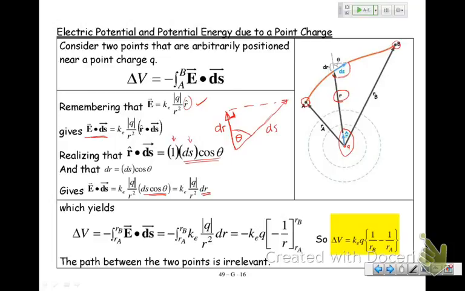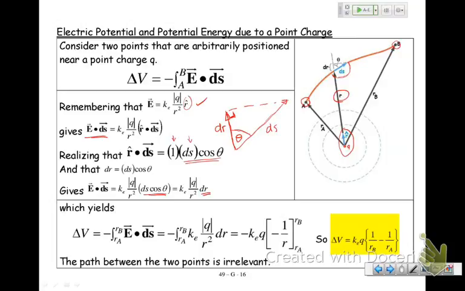And I say, well, delta V equals minus the integral of E dot ds, which equals minus the integral of k_e Q over r squared times dr. And I know how to do that. That goes to r to the minus 2. Increase your power by 1, put it in the denominator. That's minus 1 over r. So then I write it out in the expanded form.